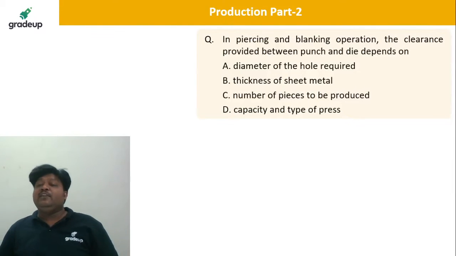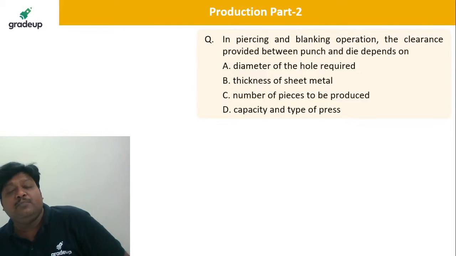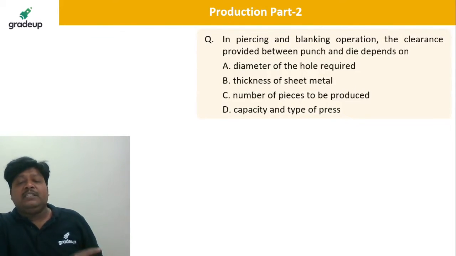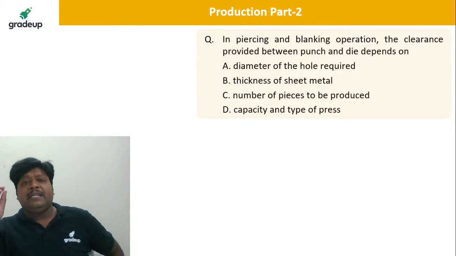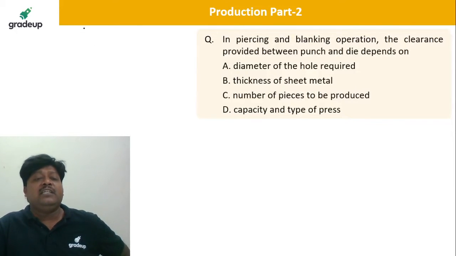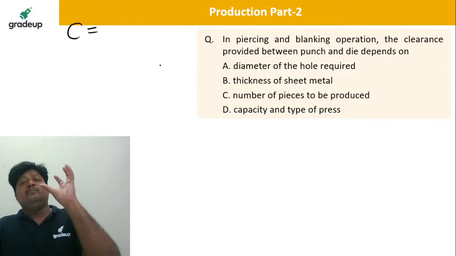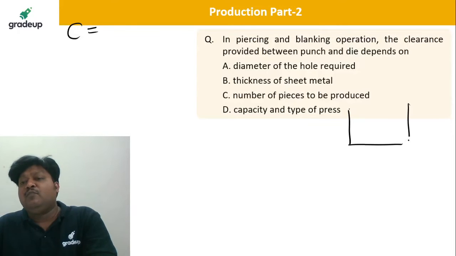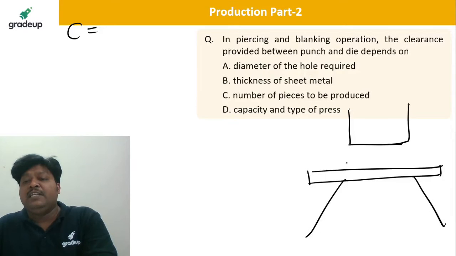In piercing and blanking operation, the clearance provided between the punch and die depends upon. Dear students, if you know the mechanism of the punching and blanking operation, you will come to know that the optimum clearance is required so that the crack from the punch corner and the crack from the die corner meet somewhere in the middle.